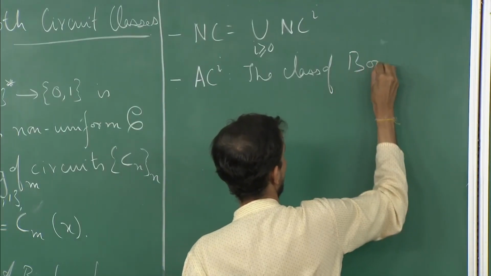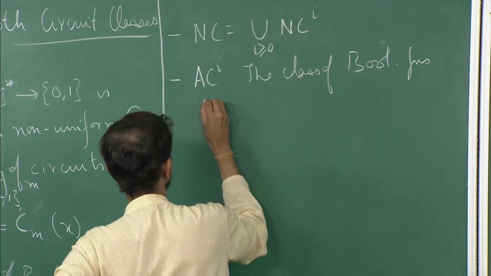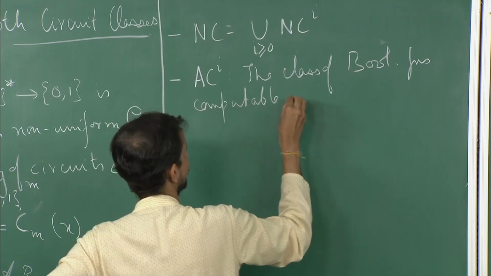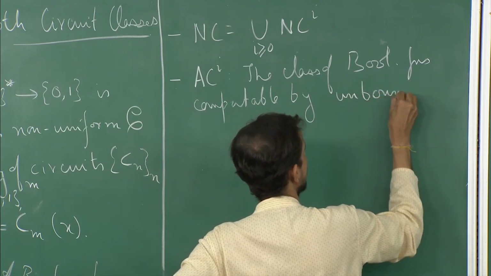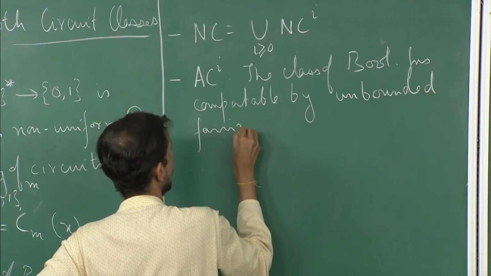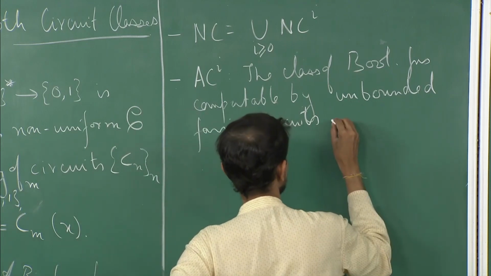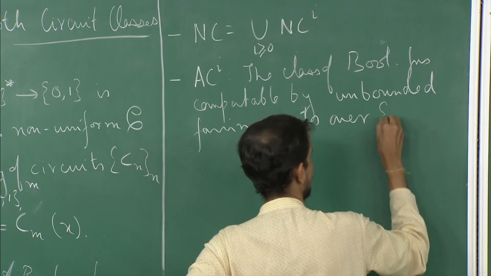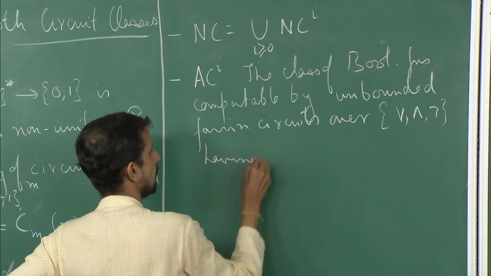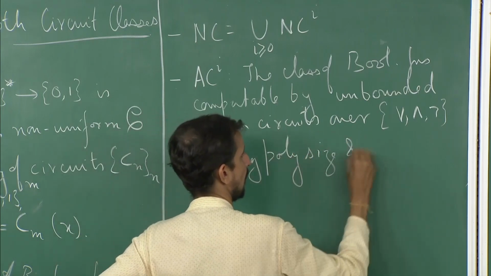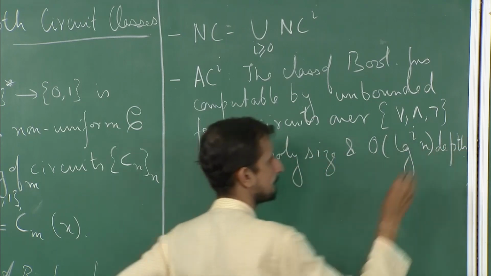So AC^i is the class of Boolean functions computable by unbounded fan-in circuits over AND, OR and NOT gates having polynomial size and order log to the power i depth.